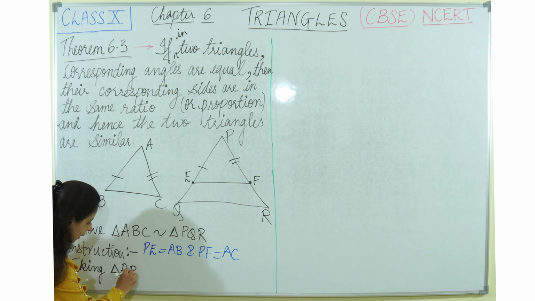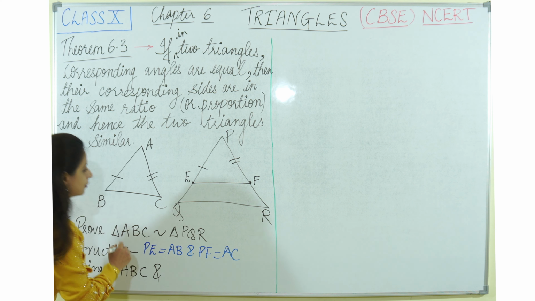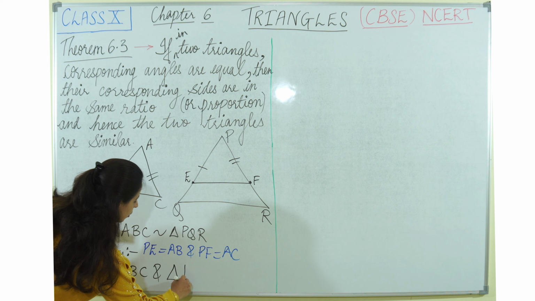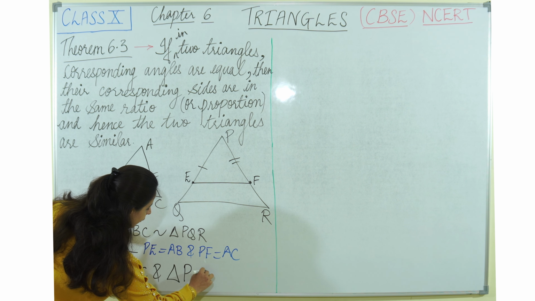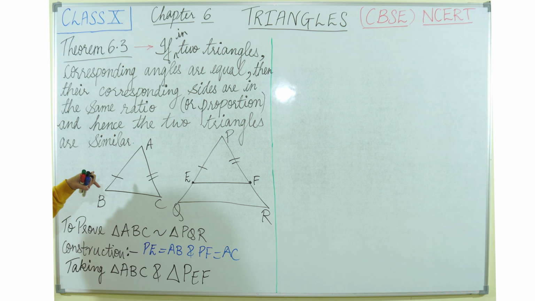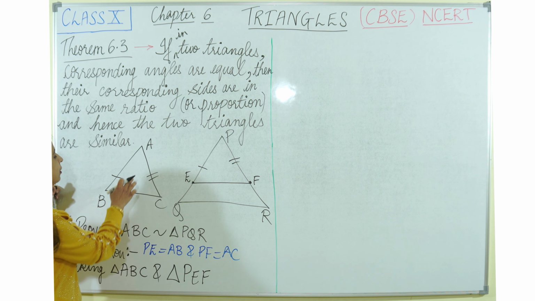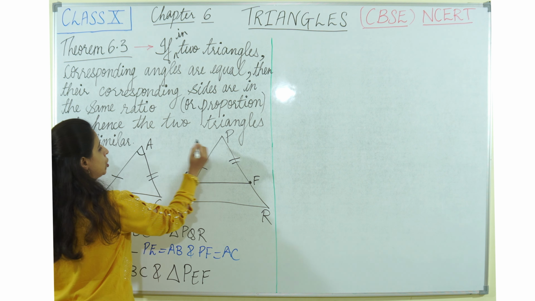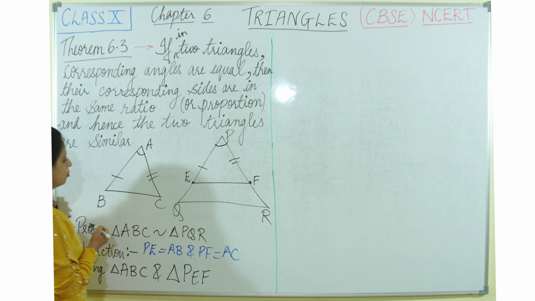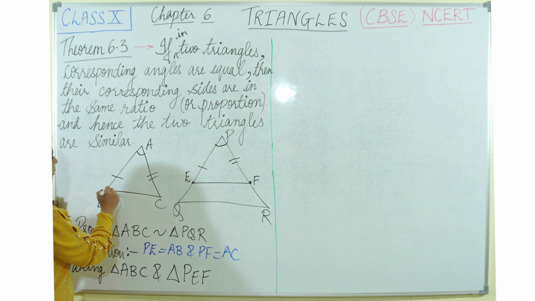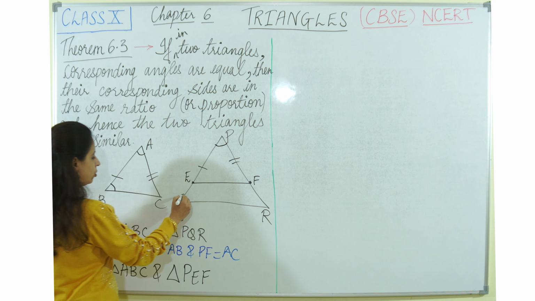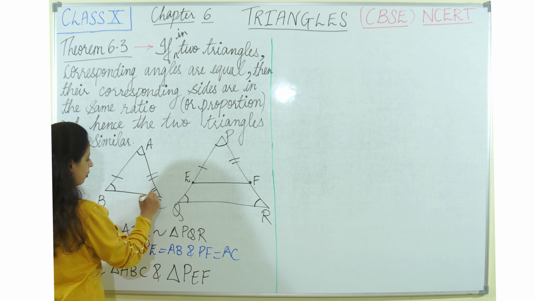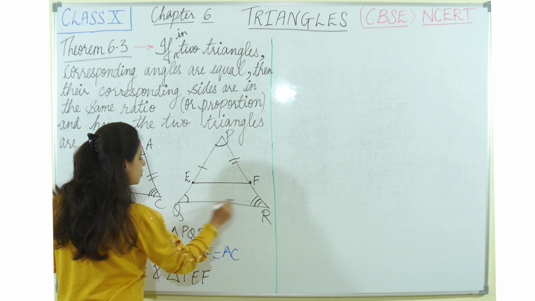We see that they are saying if the corresponding angles are equal, so we are taking this angle to be equal to angle P, this angle to be equal to angle Q, and angle C to be equal to angle R. So these are the corresponding angles.